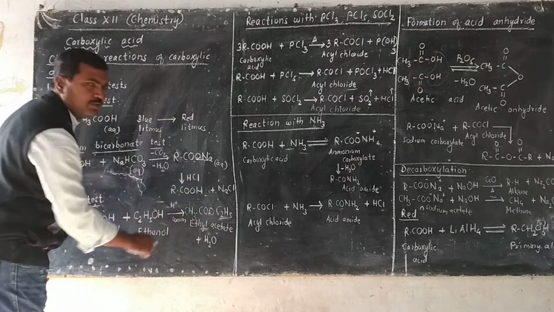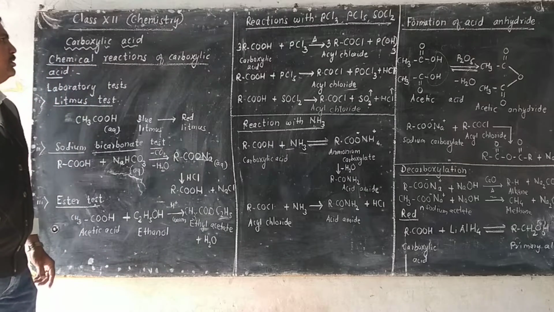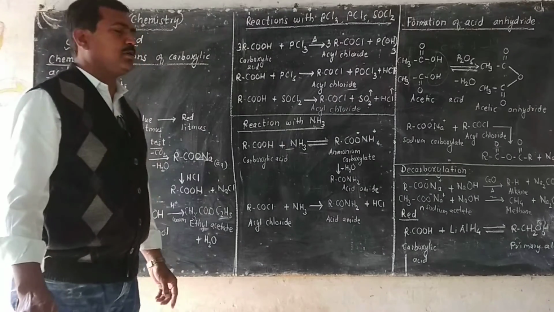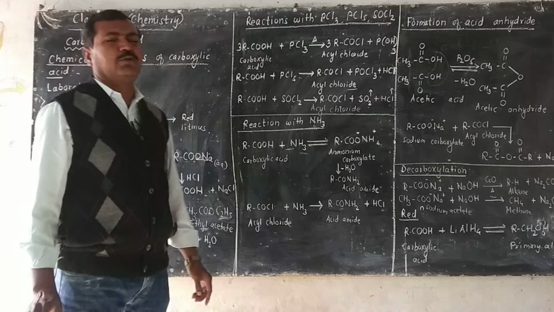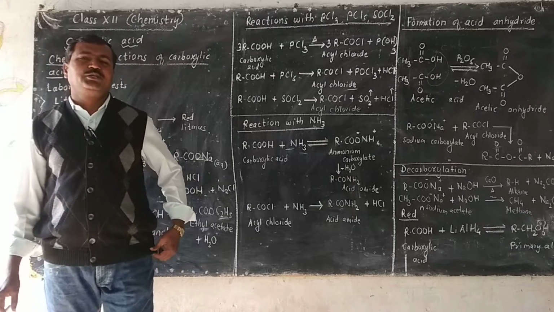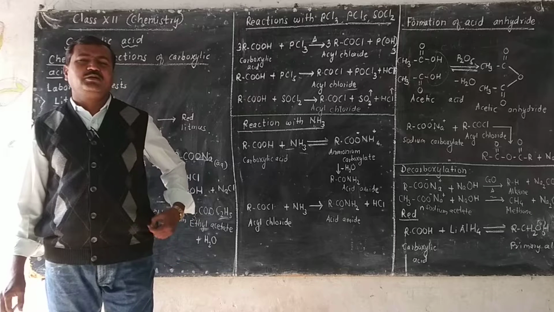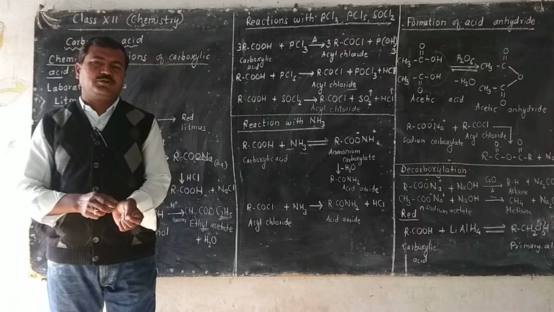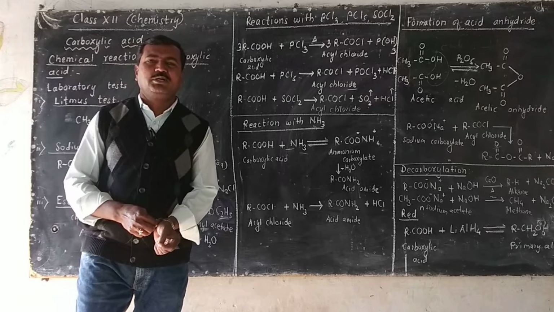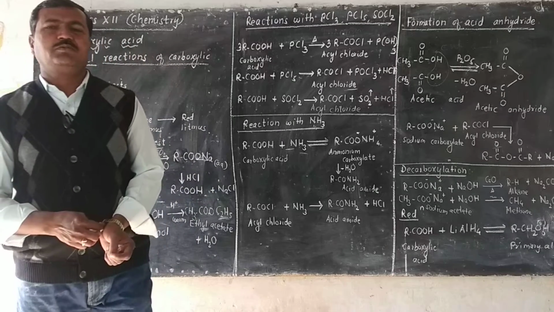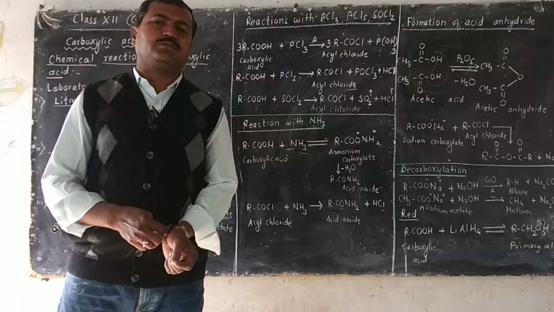So ethyl acetate will be obtained. Then there are some reactions of carboxylic acid with phosphorus trichloride, phosphorus pentachloride and thionyl chloride. These types of reactions were learned two chapters before, in halogen derivatives, then in preparation, then in alcohol also.